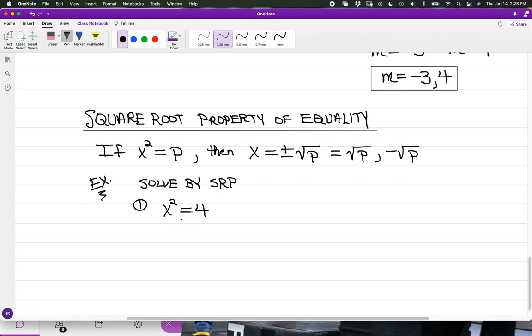Now, you could set this up as a quadratic equation in standard form, x squared minus 4 is equal to 0, then factor as x plus 2 and x minus 2, and use the zero product property. But with the square root property of equality, p is represented by 4, and going from the square of x to just x, x is plus or minus the square root of 4.